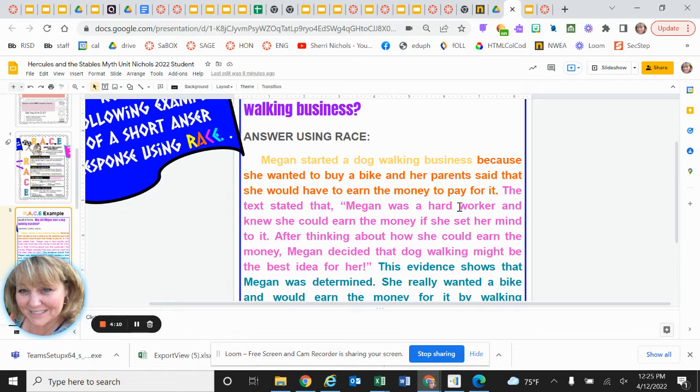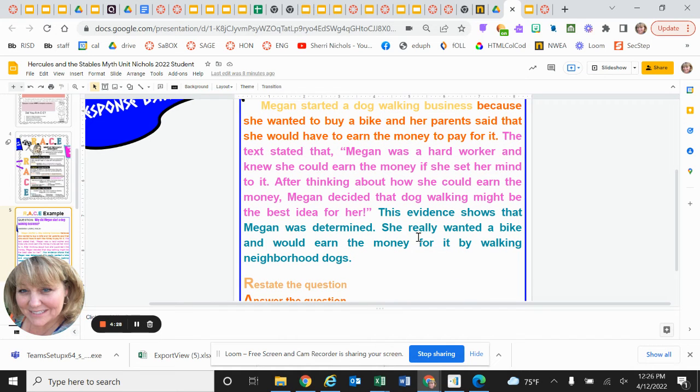And then the next, you have to cite it. The text stated that, so you're citing the text. You put it in quotation marks. Megan was a hard worker and knew she could earn the money if she set her mind to it. After thinking about how she could earn the money, Megan decided that dog walking might be the best idea. And then this evidence shows that Megan was determined. She really wanted a bike and would earn the money for it by walking.